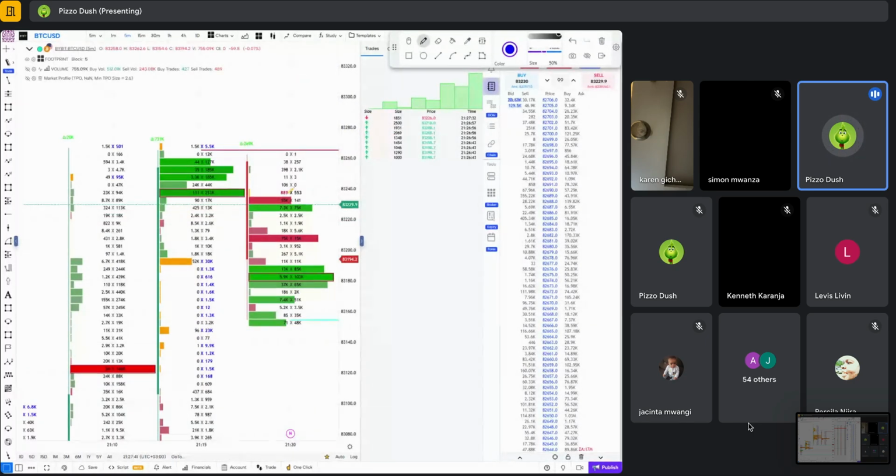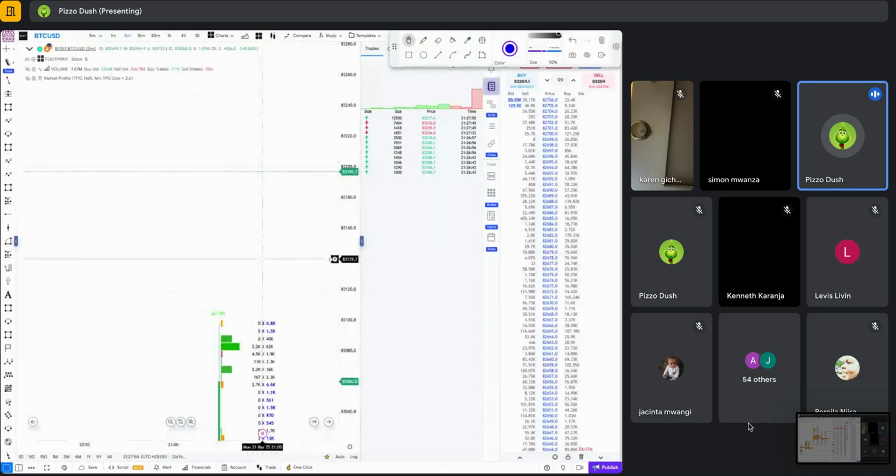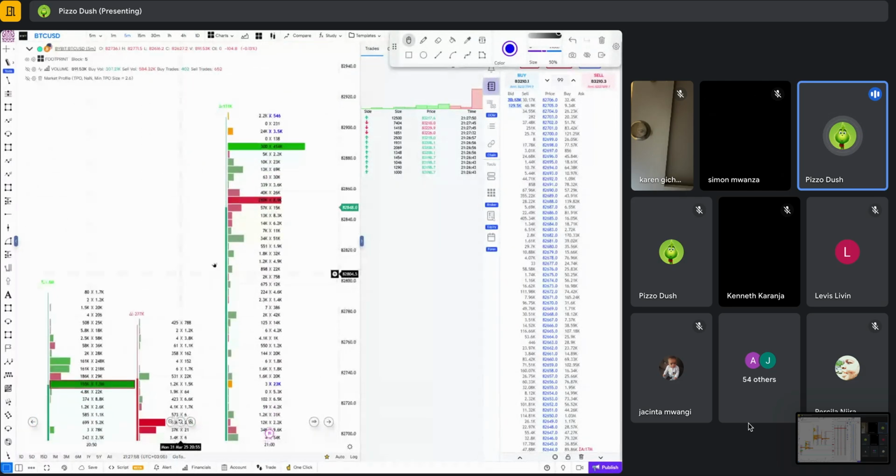So if you see a cell with a red color, let's start with red, what does it mean? At that specific cell, that specific level, there were a lot of sellers compared to buyers. Take any random red one, let me pick this one. See, this one is red. It means this box had a lot of sellers compared to buyers. If you zoom in on the one I have circled, what do you see?